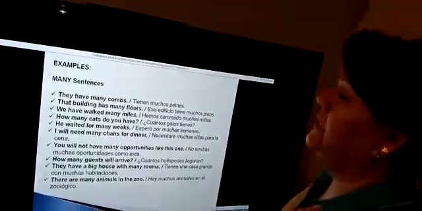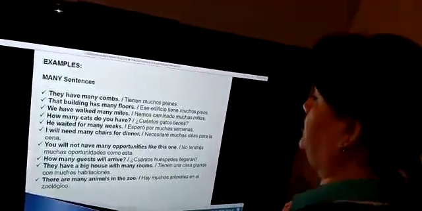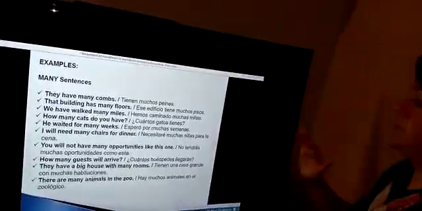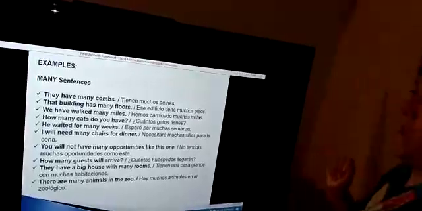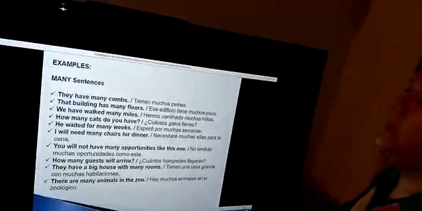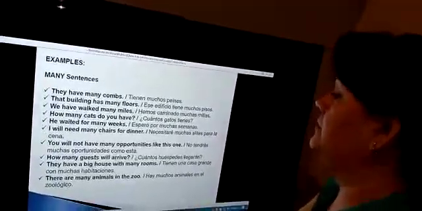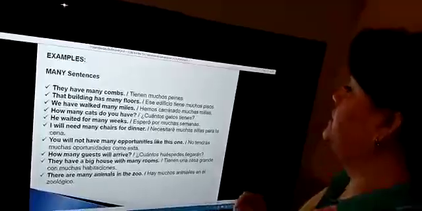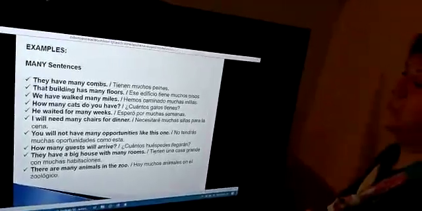Number 2 is, that building has many floors. ¿Sí? Spanish, esos edificios tienen muchos pisos. Okay? Number 3, we have walked many miles. Spanish say, hemos caminado muchas millas.